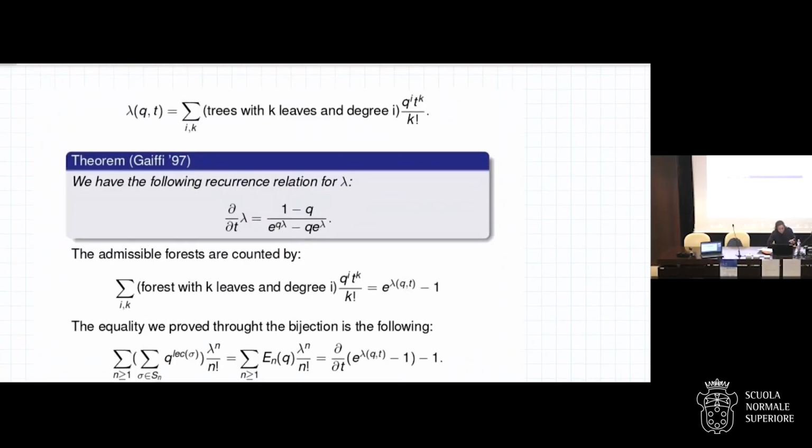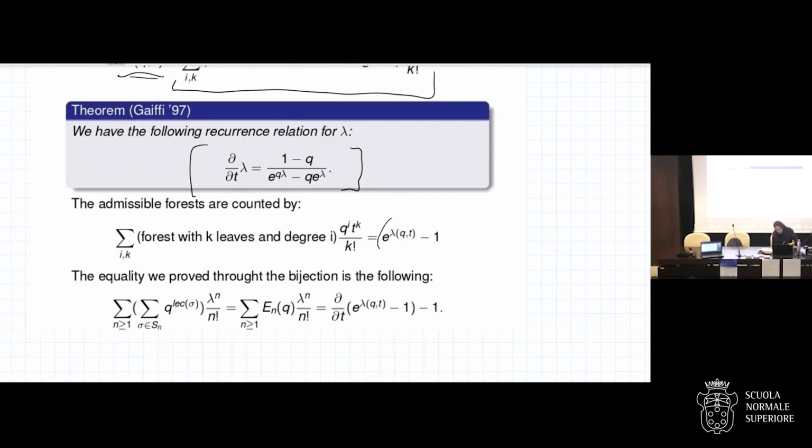So the answer is that I don't know, but there is this generating series that one can compute, which counts the number of trees with k leaves and degree I. This exponential series has a generating function that one can solve and obtain the number of connected components, and then the exponential of this series gives the number of forests one would expect, with a certain degree and a certain number of leaves.